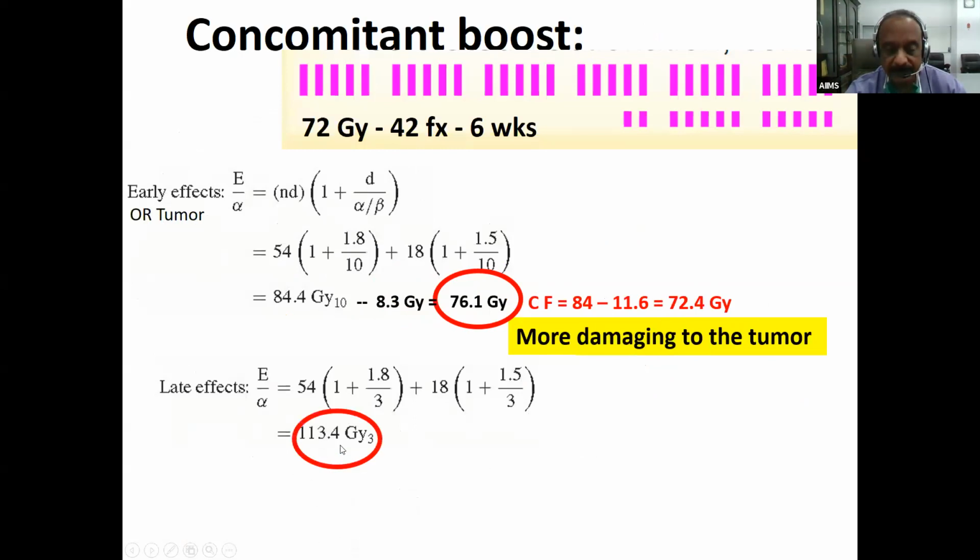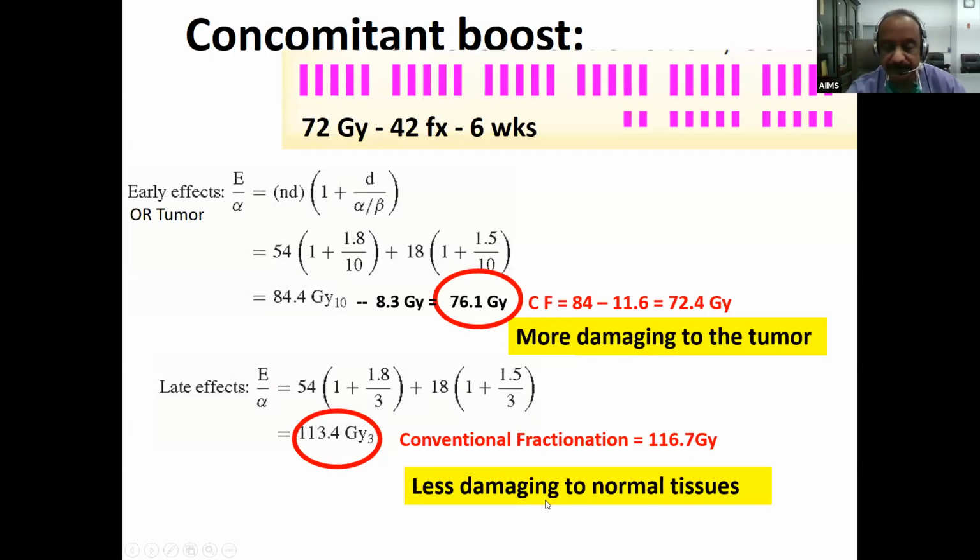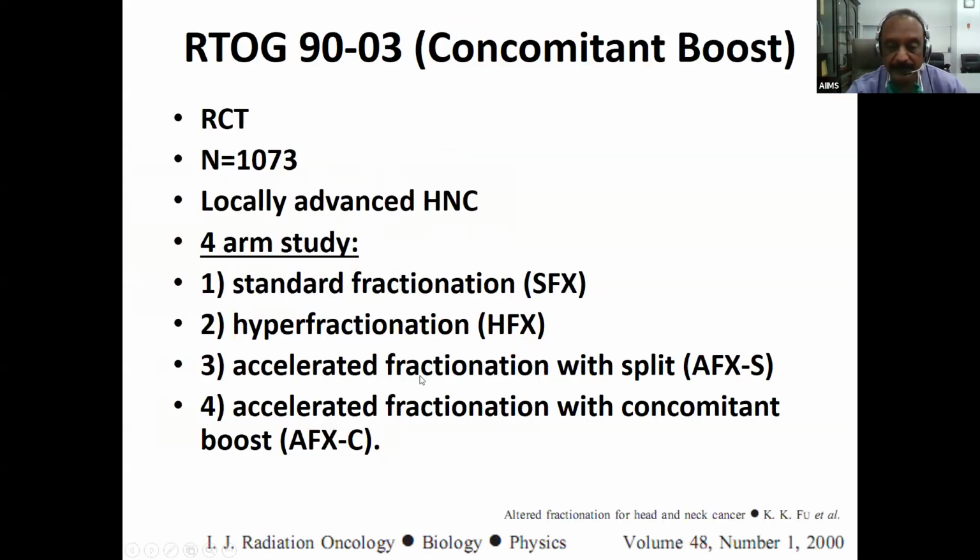Similarly, for late effect, this is the biological effective dose with conventional fractionation. The biological effective dose is higher with concomitant boost, which means it will be less damaging to the tumor. So again, we need to validate what we predicted, that concomitant boost should be highly damaging to the tumor, and it should translate in our clinical setting into higher tumor control.